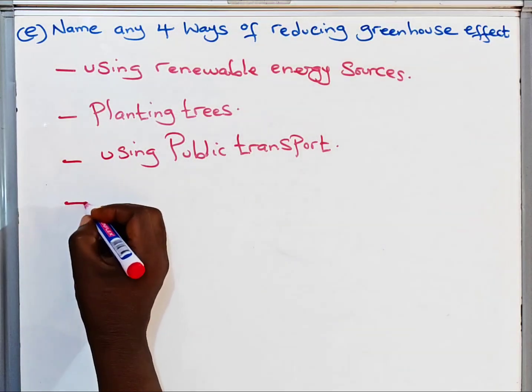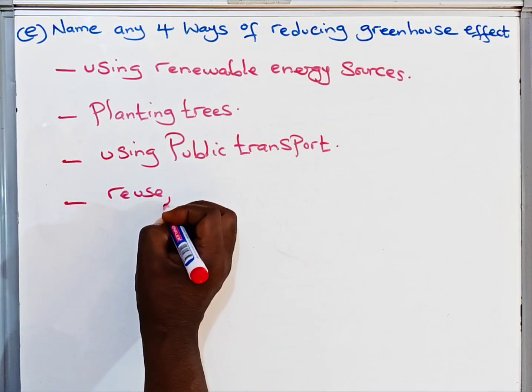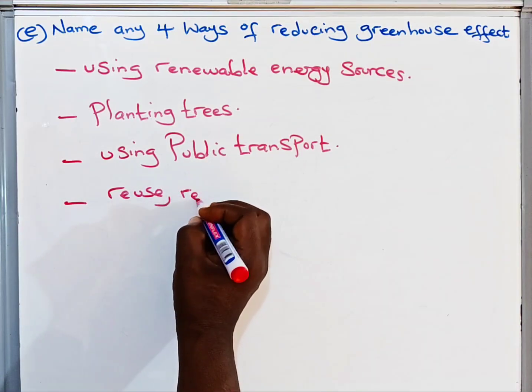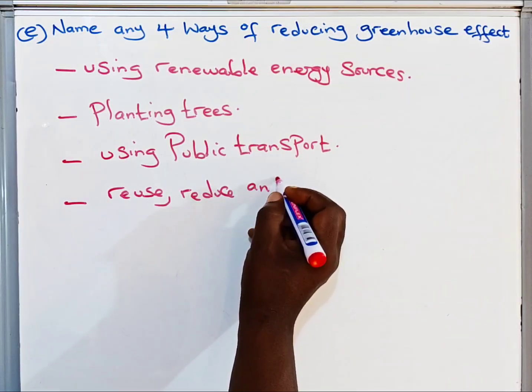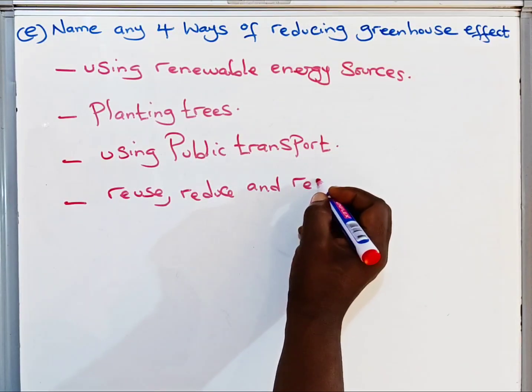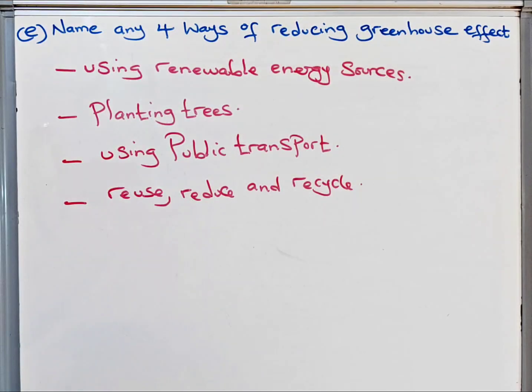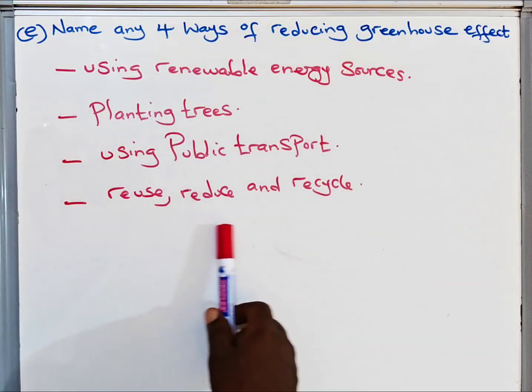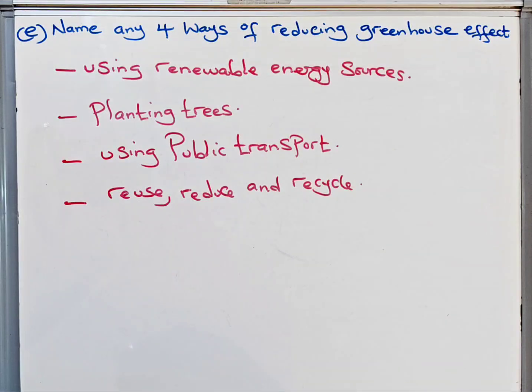Another process is reuse, reduce, and recycle. This one tends to reduce the effect of manufacturing too many goods.